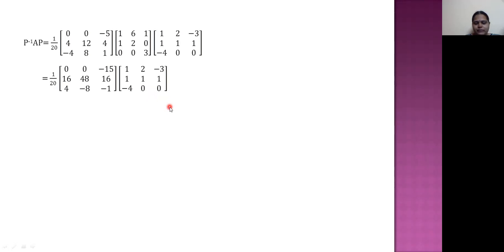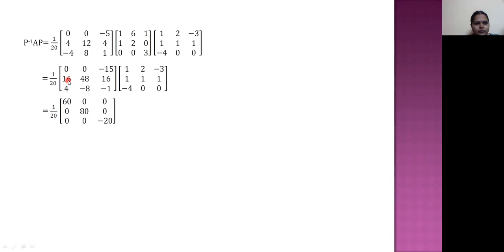Okay, now we will multiply the last two matrices. 0 into 0 is 0, 0 into 0 is 0, minus 4, 15 into minus 4 is 60, and then 0 into 2 is 0, 0 into 1 is 0, minus 15 into 0 also 0. Next, 0 into minus 3 is 0, 0 into 1 is 0, and then minus 15 into 0 is 0. So that is the first row.